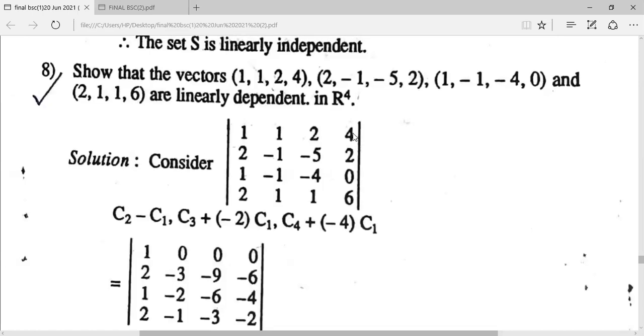And similarly the last column operation: 4 minus 4, 0, 2 minus 4 times 2, that is -6, 0 minus 4 times 1, that is -4, 6 minus 4 times 2, 8, therefore it is -2.